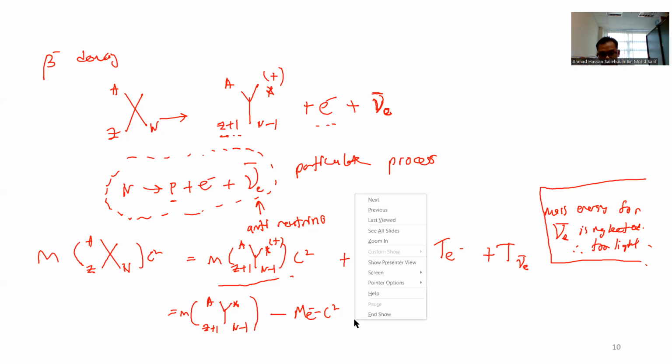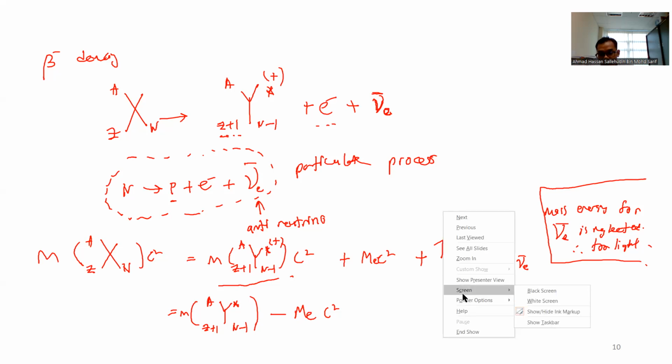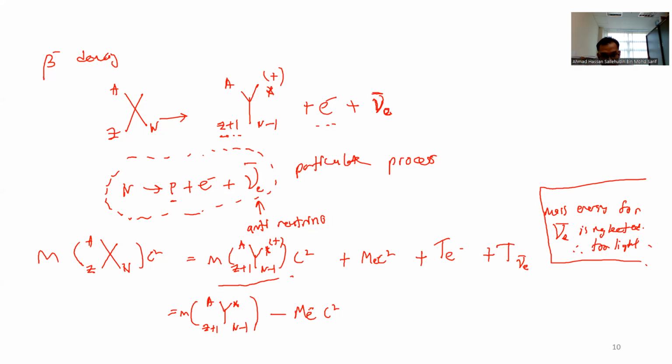Not Me minus c square, it is Me with a negative sign over there to show that it is a negative electron. So this one minus this one becoming this one.